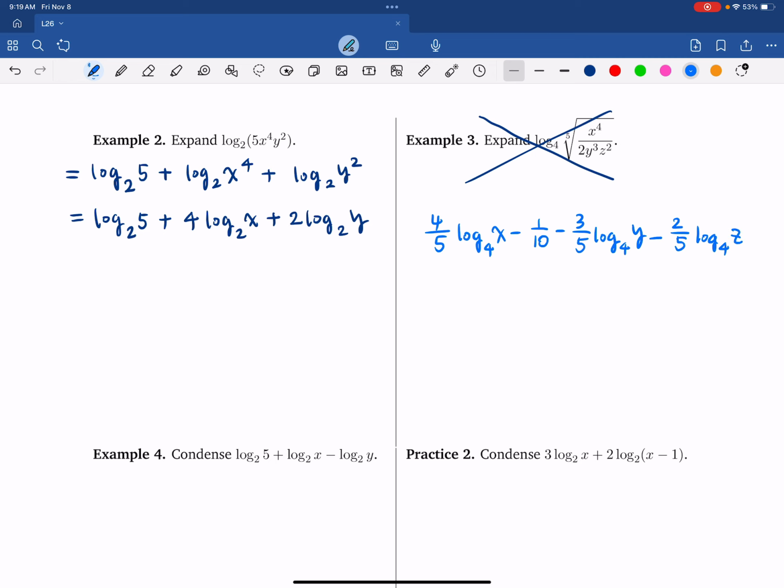Yeah, as you can see, this is definitely way more complicated than the original, right?